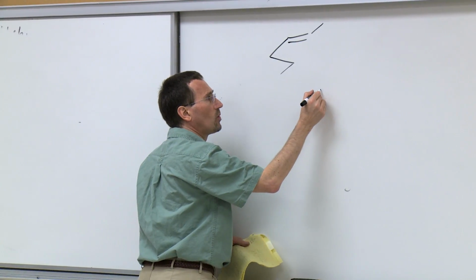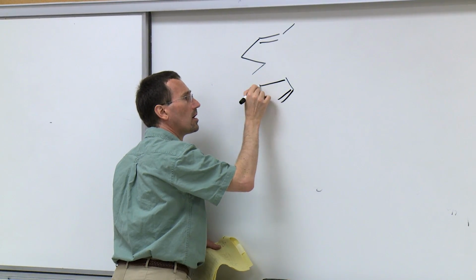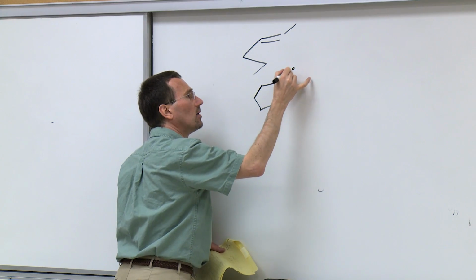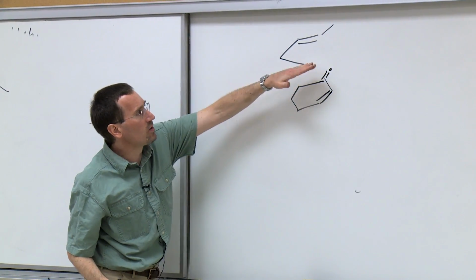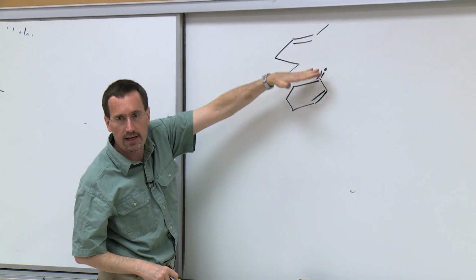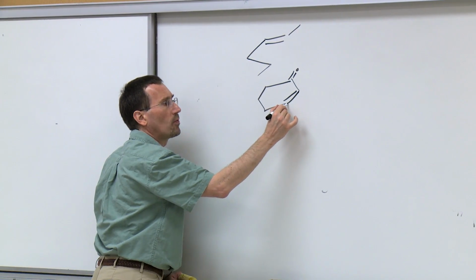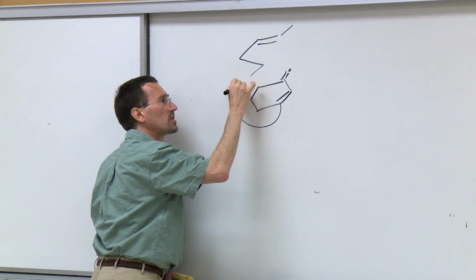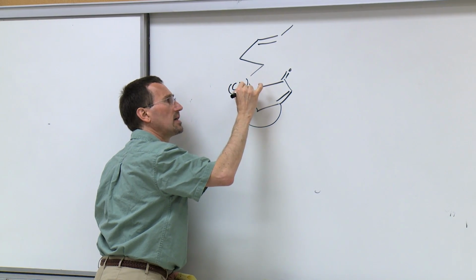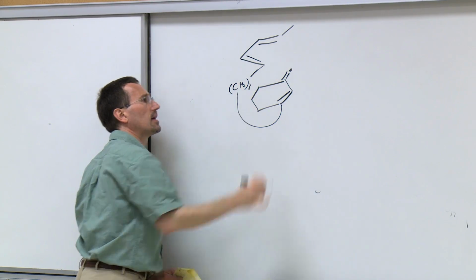The diene would swoop in over the dienophile such that the dienophile was pointing under, right? We have a plane here and a plane here, such that the dienophile was pointing under, and then I'm just going to write CH2,3 to show our tether here.